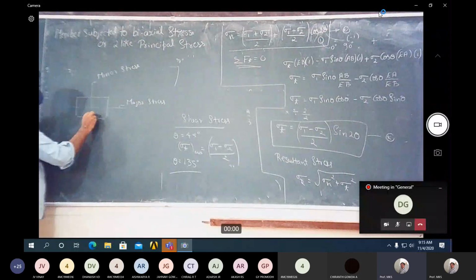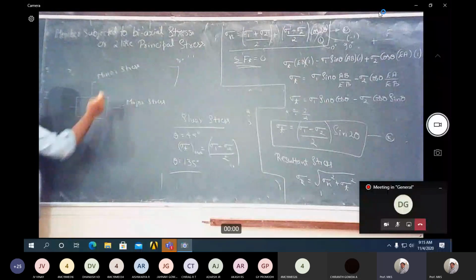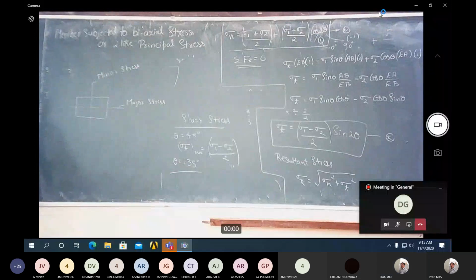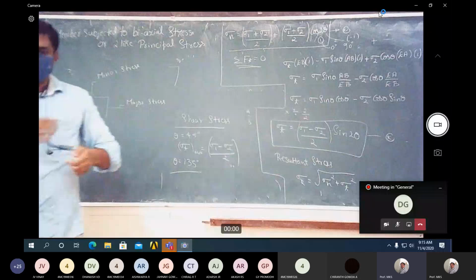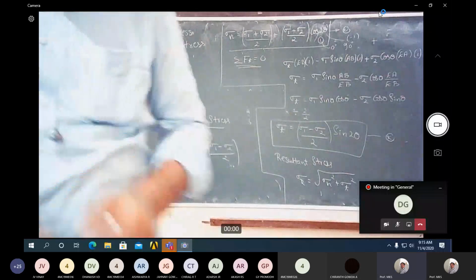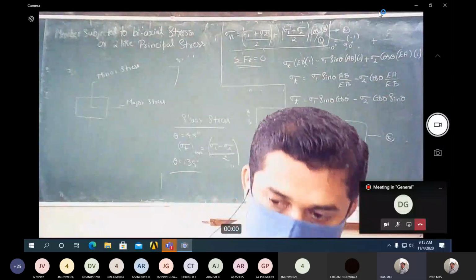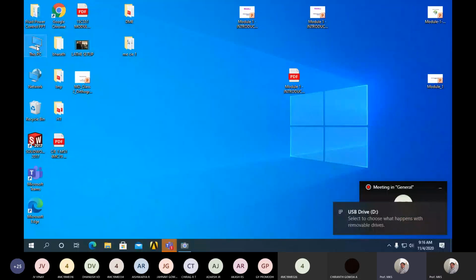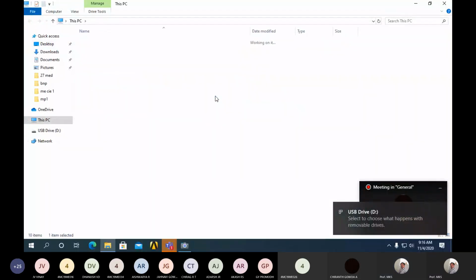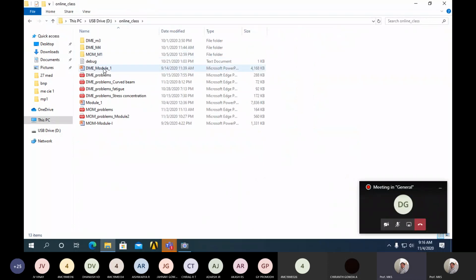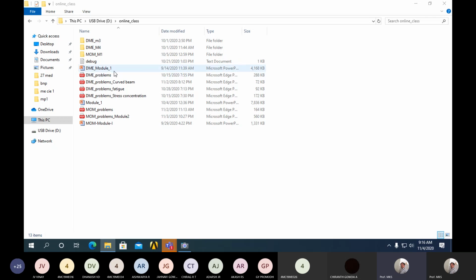The inclination will be given with respect to the major stress or the minor stress. So maybe you can take a simple problem. With respect to the first derivation, you can take this problem. It is a direct equation you need to substitute, and you should remember these equations.